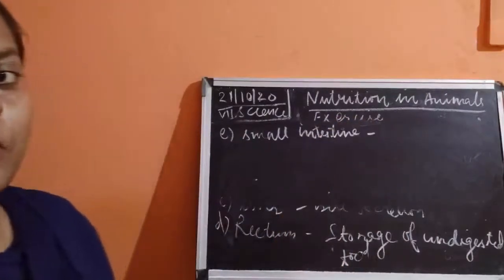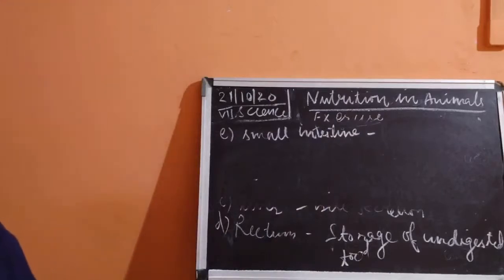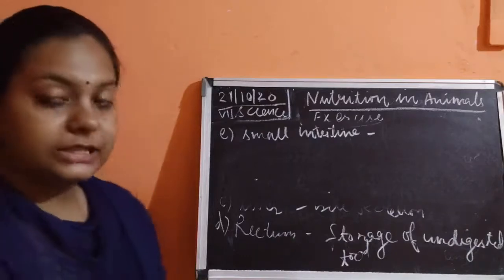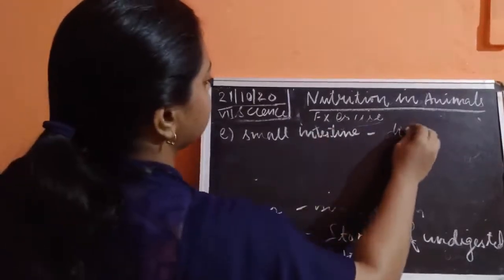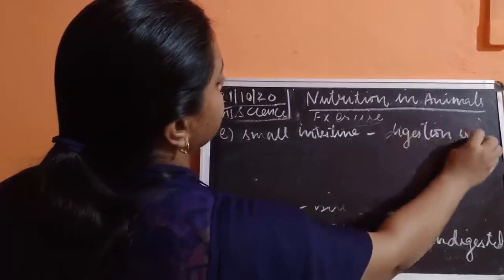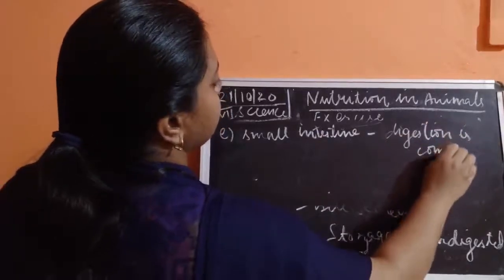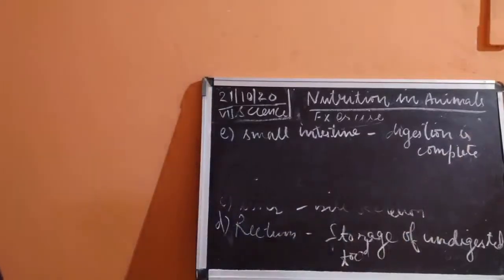Then you can match with the things which are left: digestion is complete, absorption of water, and release of feces. So in the small intestine, digestion is completed.